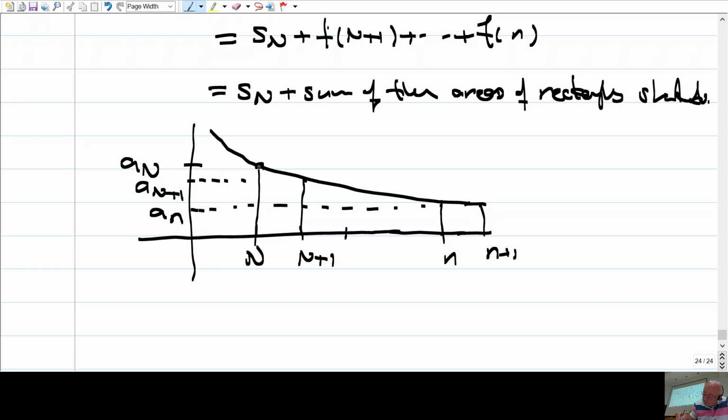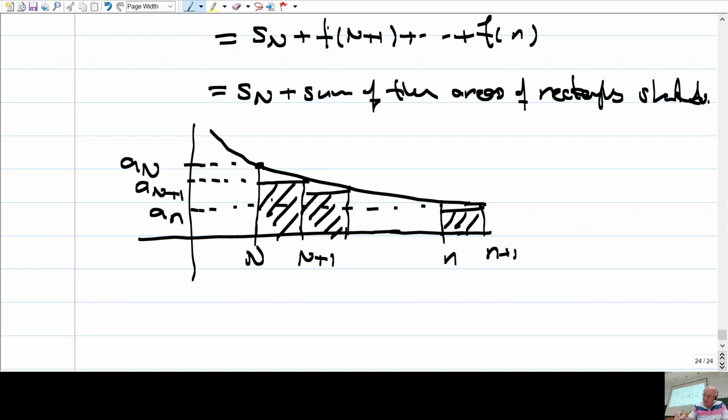An is this, but I have f n plus 1. F n plus 1 is this area. Okay, so it is this one. Smaller rectangles, not bigger ones, but smaller ones, right? This is an, but I am interested in an plus 1.